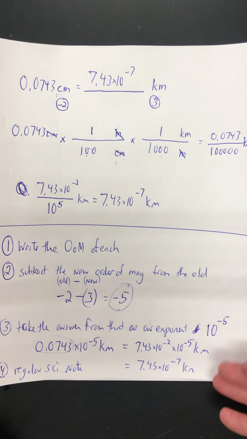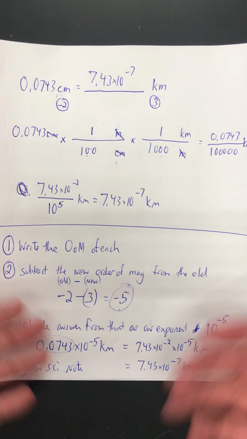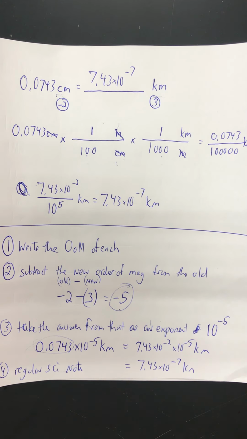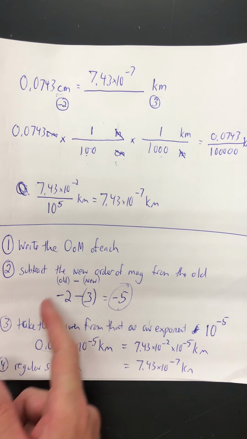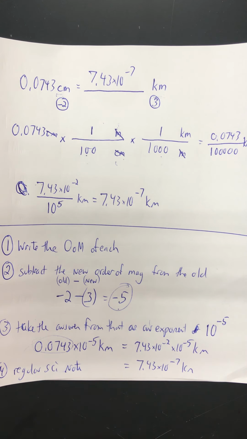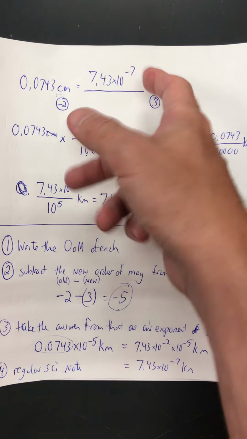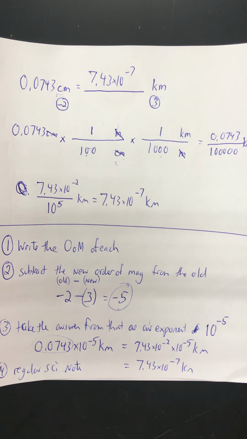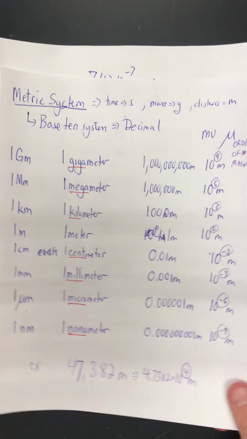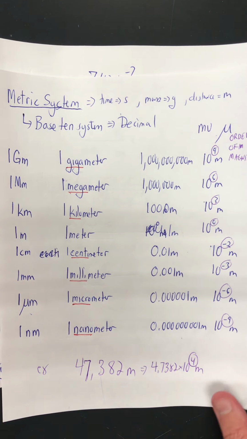I like this method better when we're talking about the metric system because we can really exploit our orders of magnitude. It's a much more systemic process. I don't have to remember what goes where. I just have to know the orders of magnitude and memorize the orders of magnitude of all of those. But you'd have to do that anyway in order to know the conversion factors.